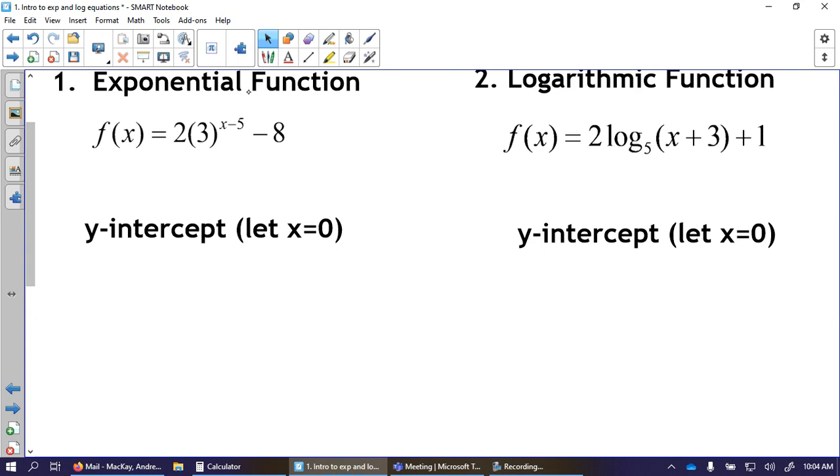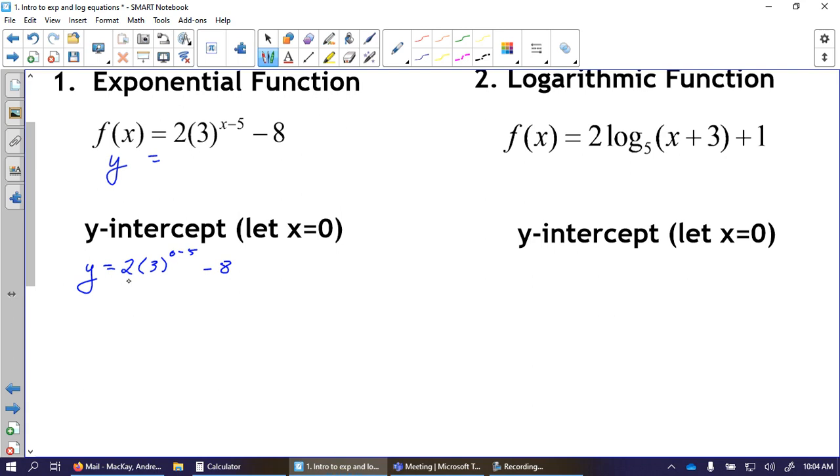For a y-intercept, we set x to 0. So y equals 2 times 3 to the 0 minus 5, minus 8. 0 minus 5 is negative 5. Whoops.